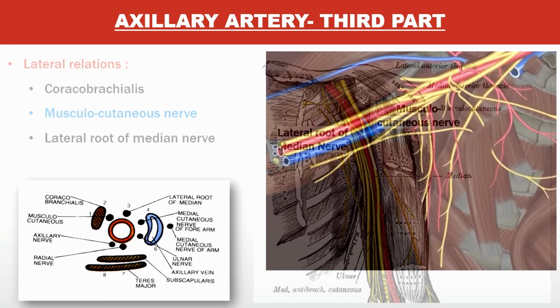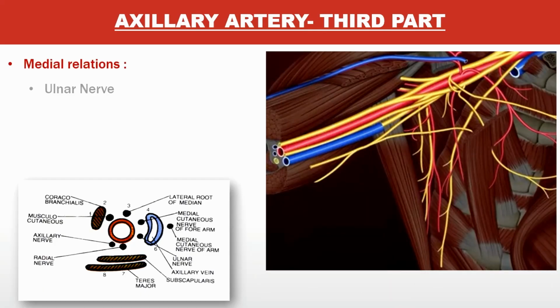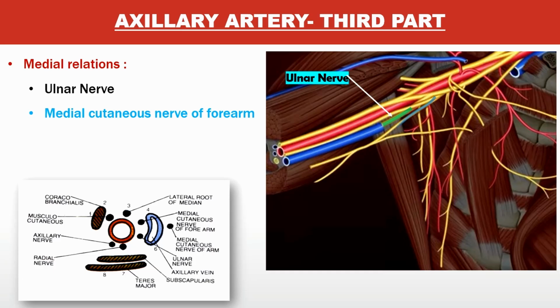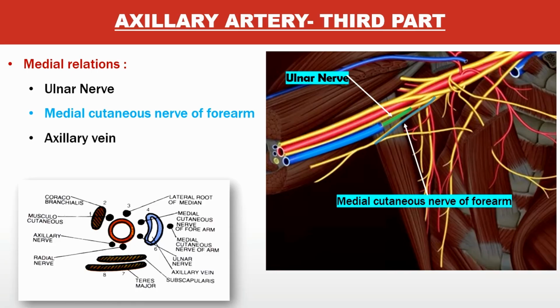Medially, we have the ulnar nerve, the medial cutaneous nerve of the forearm, between the artery and the medial cutaneous nerve of the arm. These are all the branches from the brachial plexus. And medially, one feature is constant. As you can see, the axillary vein, that is constant on the medial aspect.